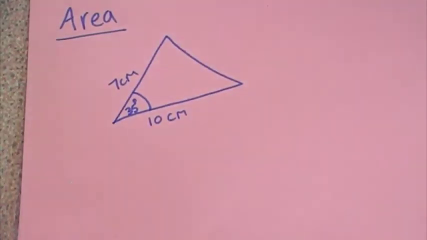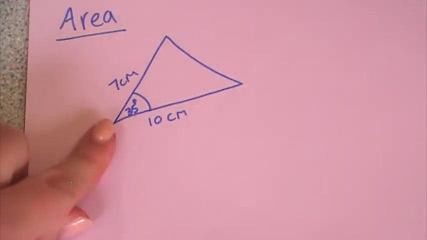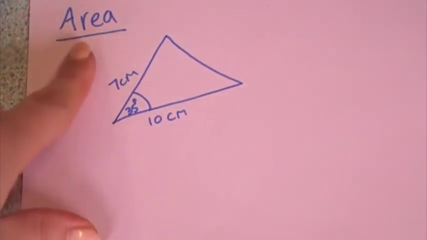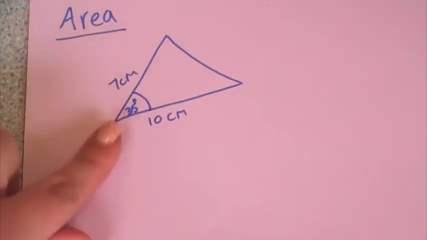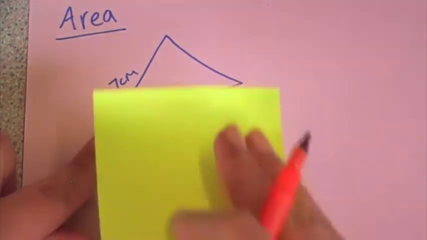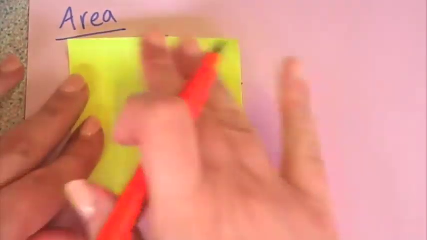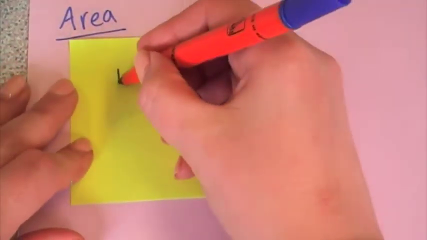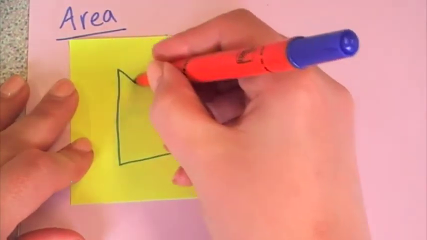Right, we're now going to look at using trigonometry to find the area of a triangle. Whenever you hear about area and a triangle, the first thing that should pop into your mind is half base times height. So let's pretend that we have this as a question.